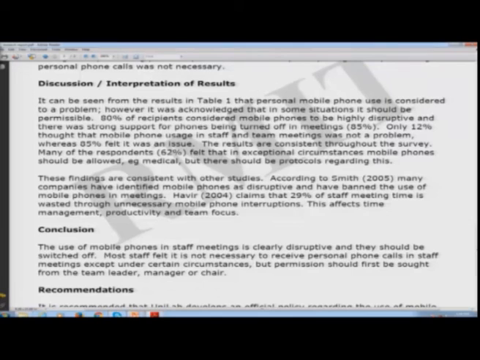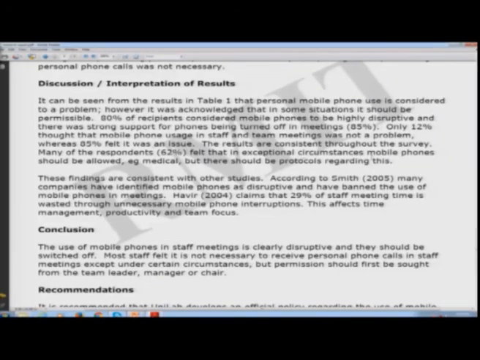Only 12% thought that mobile phone usage in staff and team meetings was not a problem, whereas 85% felt it was an issue. The results are consistent throughout the survey. Many of the respondents, 62%, felt that in exceptional circumstances, mobile phones should be allowed. For example, medical, but there should be protocols regarding this.